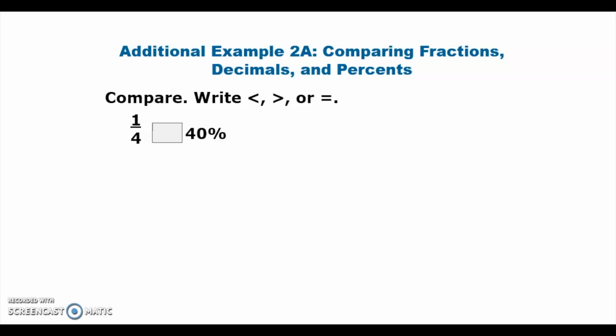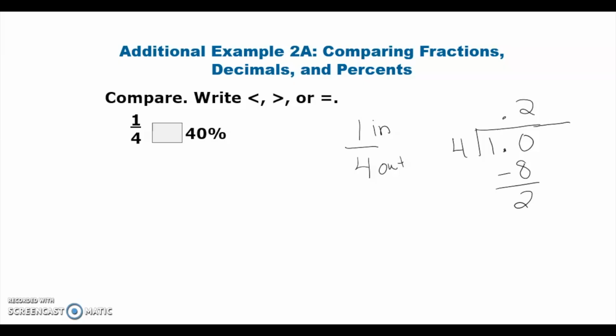But for those of us that can't remember how to do that, to go from a fraction to a percent, we have two strategies. One strategy is long division. So the 1 would go inside our division and the 4 would go outside. We would add a decimal point, and then we would start doing long division. So 4 goes into 10 2 times, which is 8. We subtract and get 2 because we haven't gotten 0.